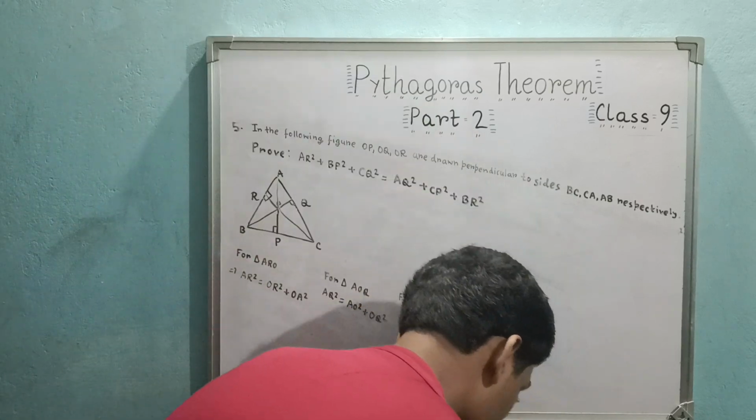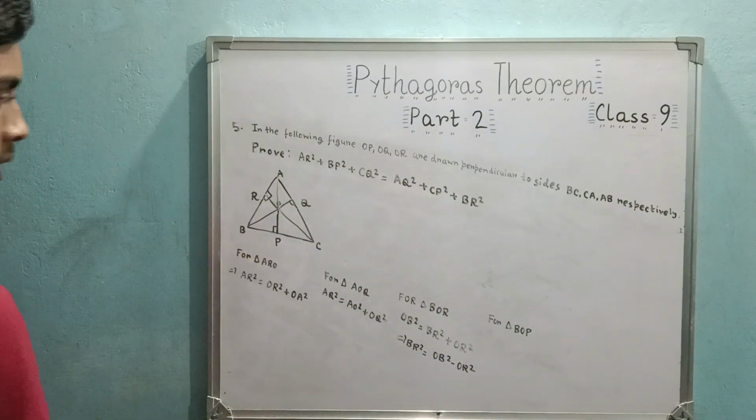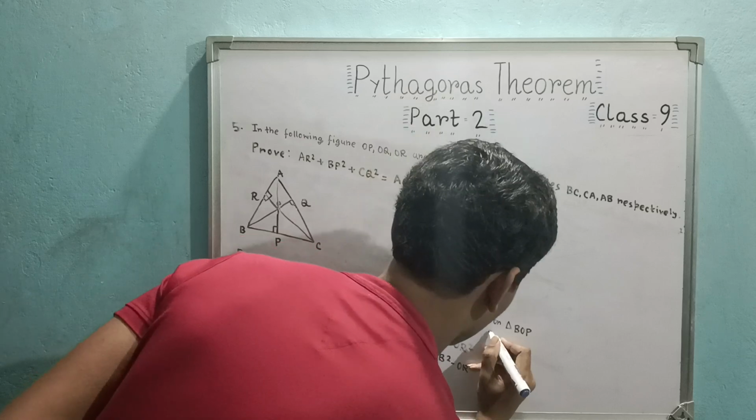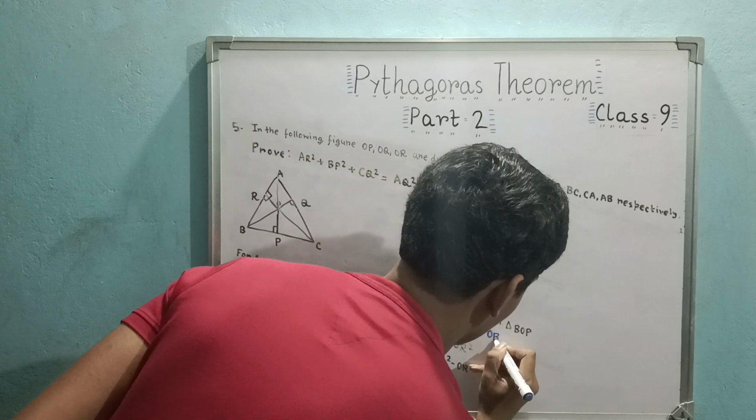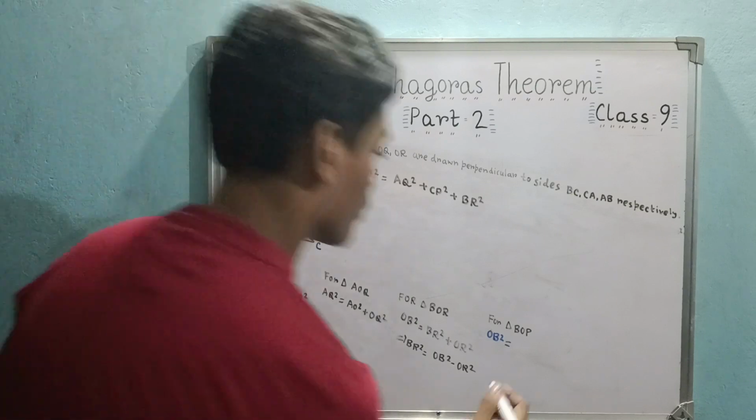Let me use blue. Triangle BOP, OB square equals BP square plus OP square.